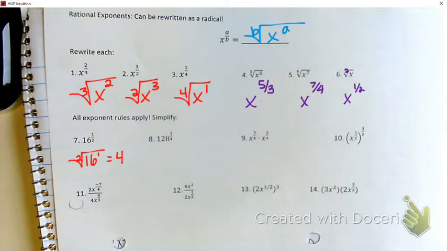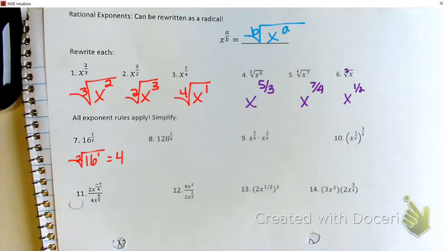Number 8. If I tried to rewrite number 8 the way that I rewrote number 7, I could do that. It's the 4th root of 128, but knowing what the 4th root of 128 is, it's not something that I know. Okay? So you could totally just put that in the calculator.